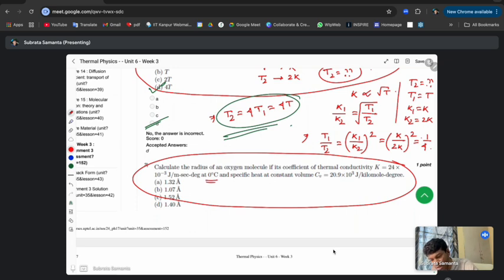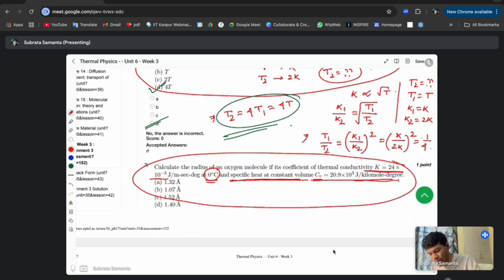So the thermal conductivity is given at 0 degree centigrade, and the specific heat at constant volume Cv is also given. I have to calculate the radius of an oxygen molecule.